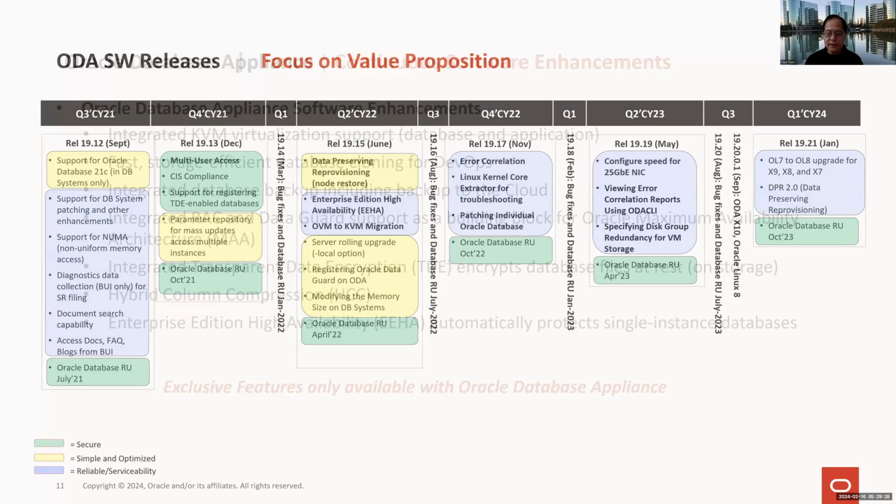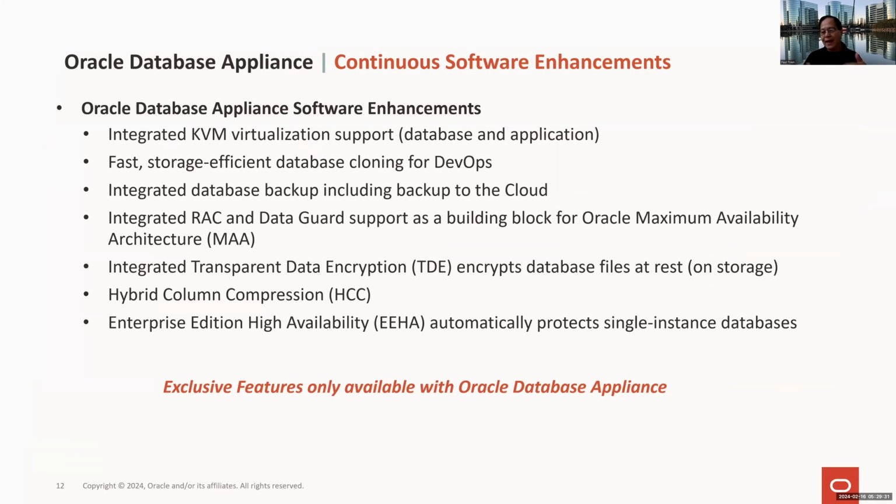I just want to point out some of the major enhancements we've done in the last few years. These features are pretty much exclusive to Oracle Engineered Systems or Oracle Database Appliance. I just want to highlight a few, such as integrated KVM support. If you have to buy virtualization software elsewhere, like VMware, there are tens of thousands of dollars of license and support costs. This is all built into our platform at no additional cost.